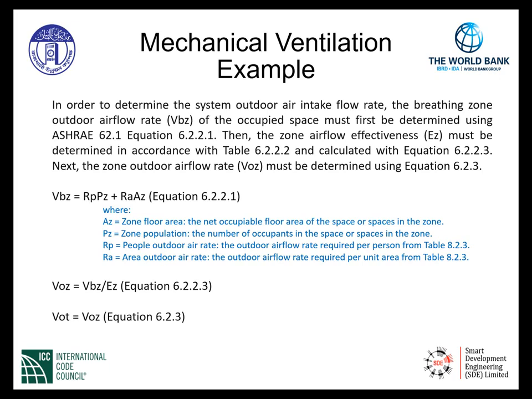We will pick some values from table 8.2.3. We will pick the R sub P outdoor airflow rate for the people. We will pick the R sub A area outdoor airflow rate for the unit area accordingly. The next equation is given to us as V sub OZ. This is where we provide an effectiveness factor, one for cooling and one for heating.